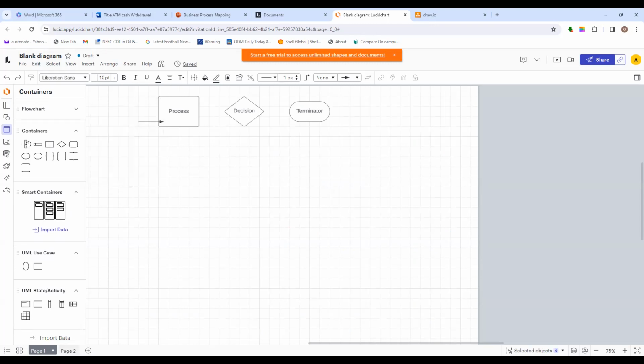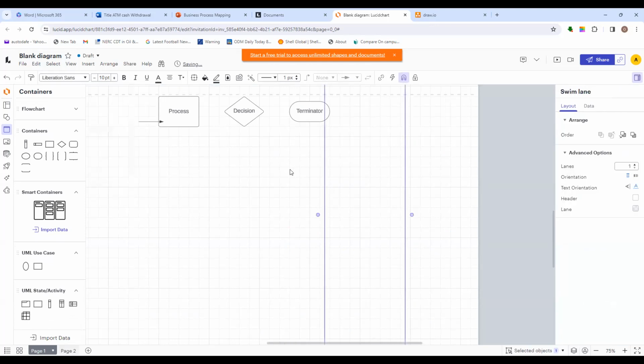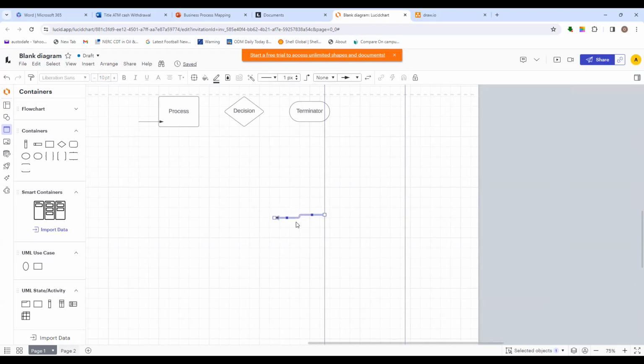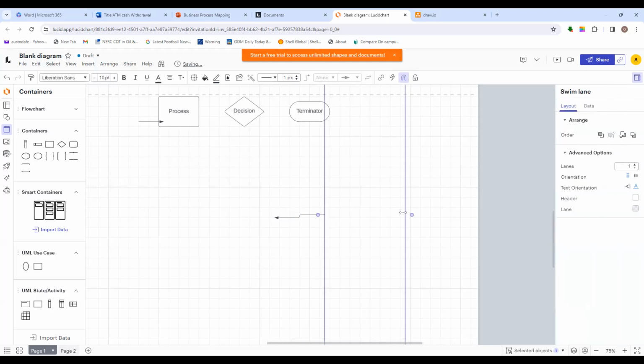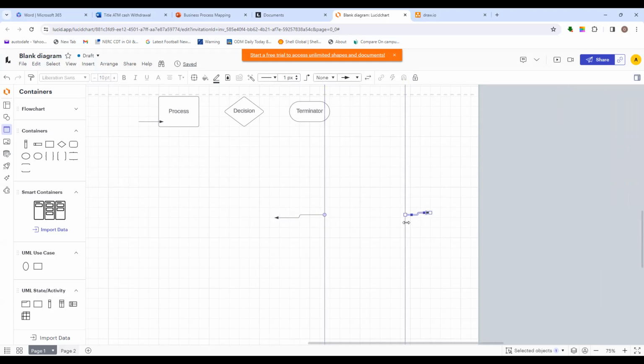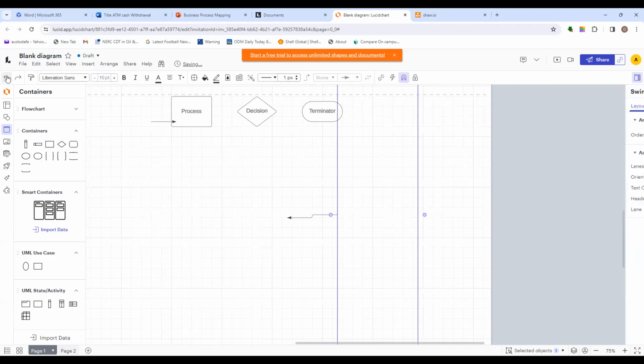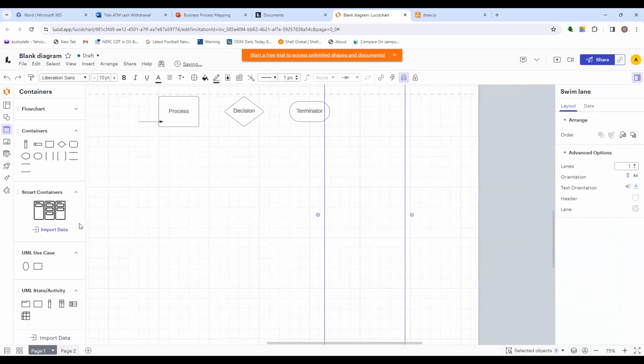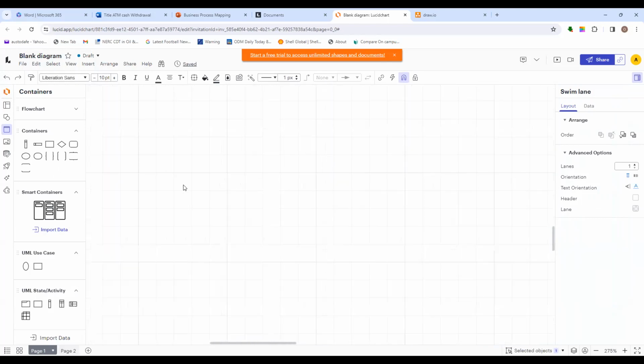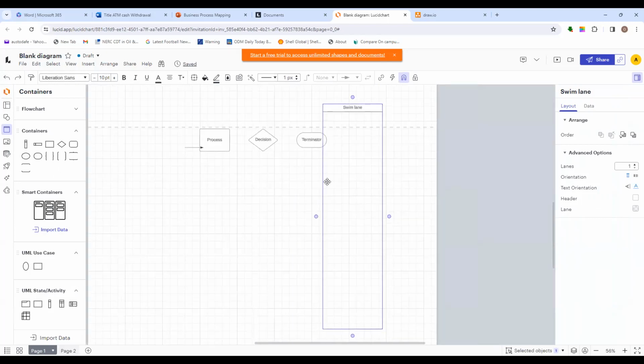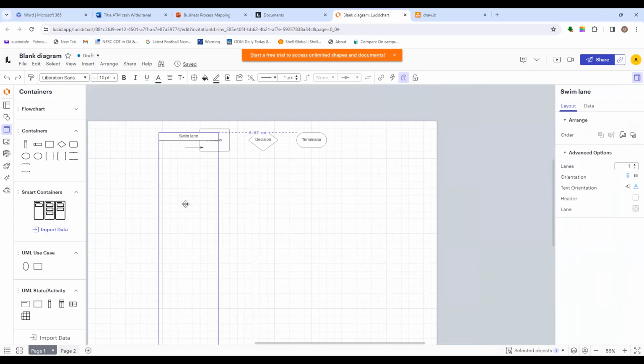Which container is this? I need a bigger container. Okay, let's go with this one.